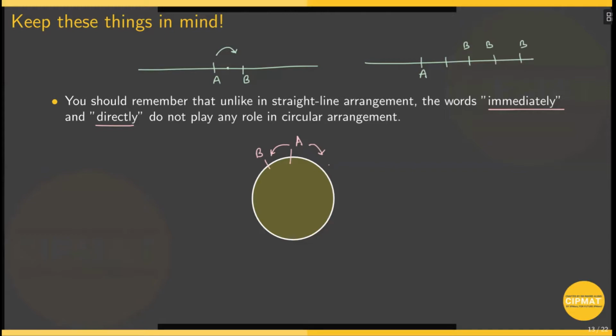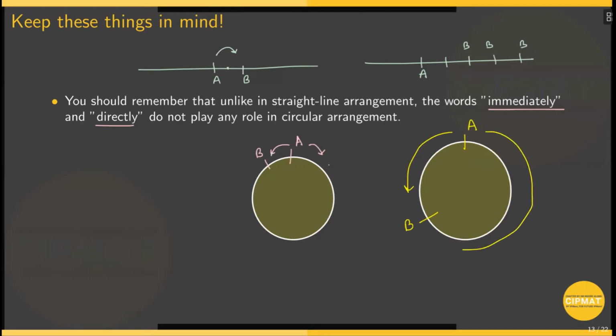Because let's say you have a circular arrangement and you have A over here. If I say that B is to the right of A, and it is not immediately right of A, suppose I place B somewhere over here. Now you can say that B is to the right of A, as well as to the left of A. I cannot really distinguish them.